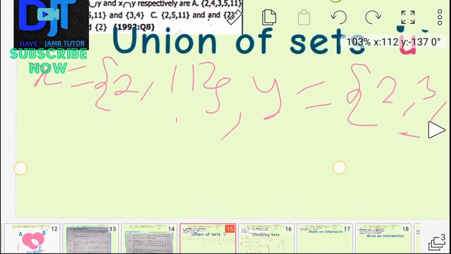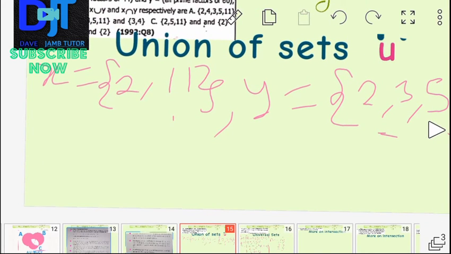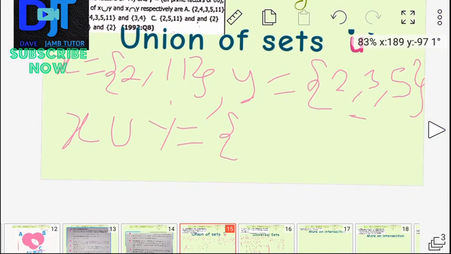Now if we want to write x union y, you need to take note of something whenever you are writing your union. If you see a value that is in both of them, you are not supposed to write that value twice.